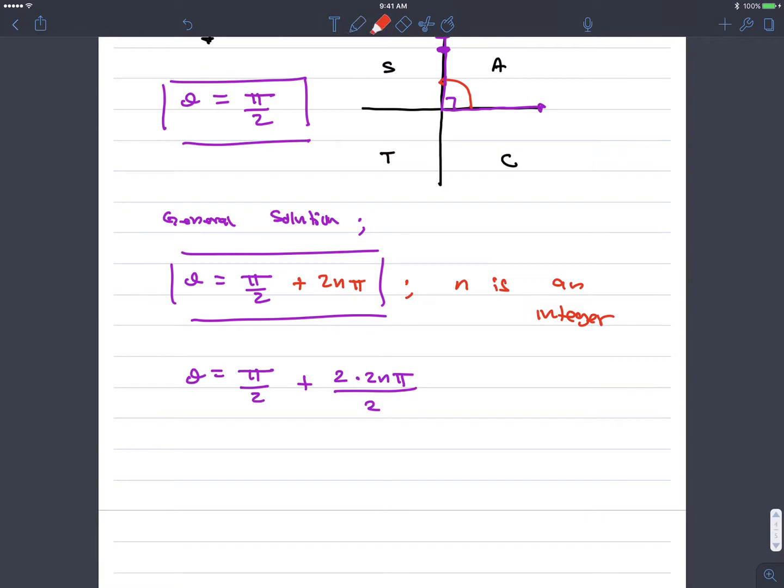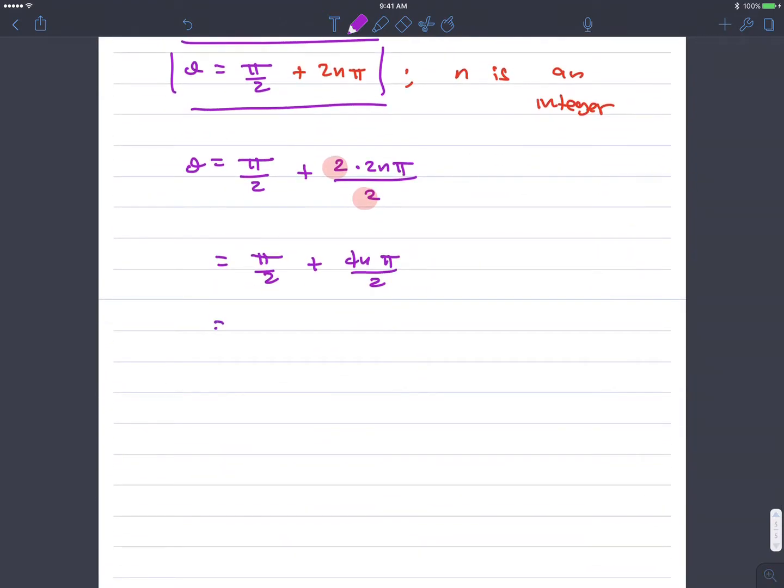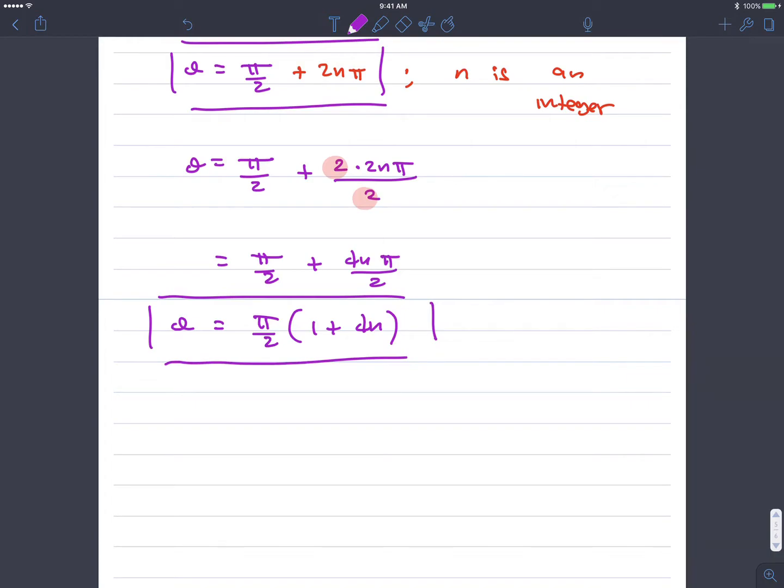So you put this 2 and this 2 down here to get the same denominator, and you end up with pi over 2 plus 4n pi over 2. Factor out a pi over 2, and you get 1 plus 4n. So here's my sequence formula to find all the other solutions. You guys okay with that? This is how we go about it.